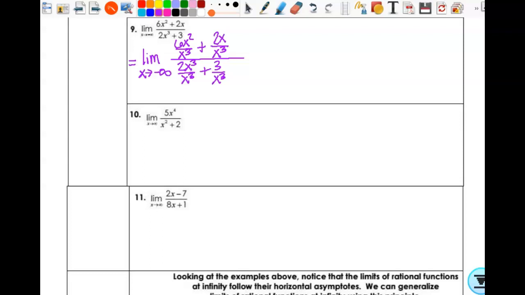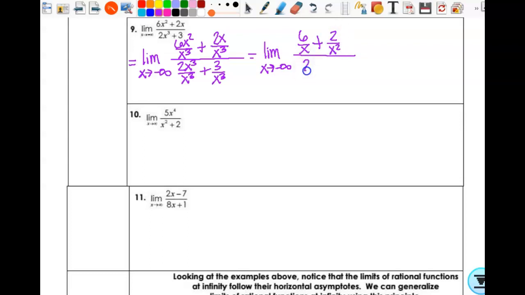So now we're going to simplify this. So this is equal to, I still have my limit statement, the limit as x approaches negative infinity of, so that 6x squared over x cubed is going to give me 6 over x. Plus, this will be 2 over x squared.